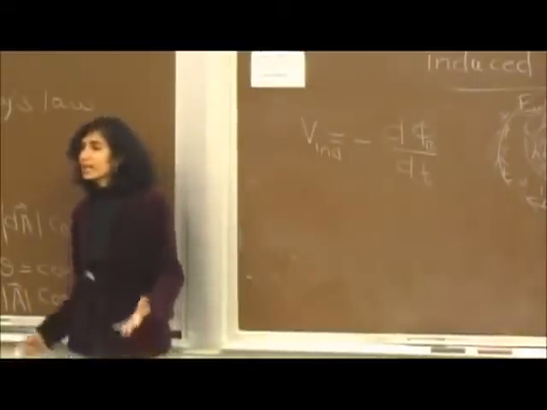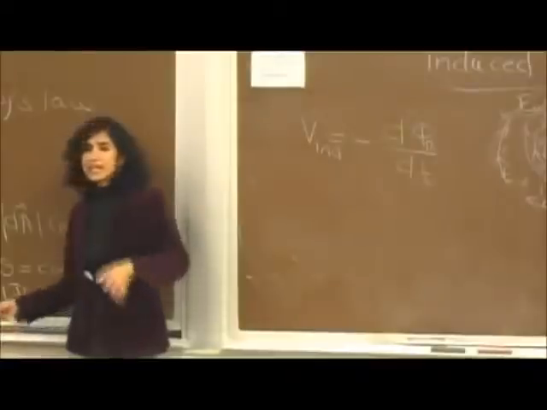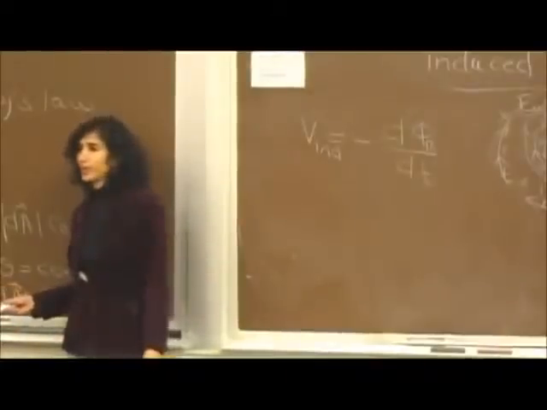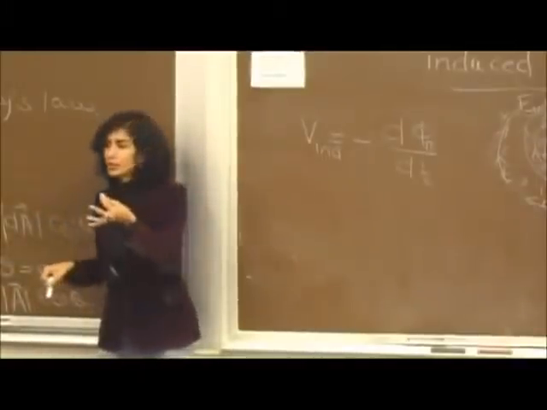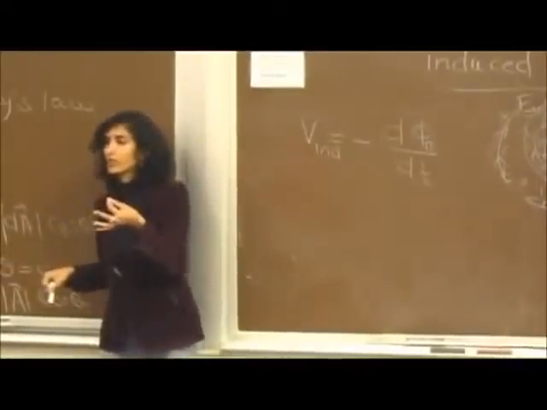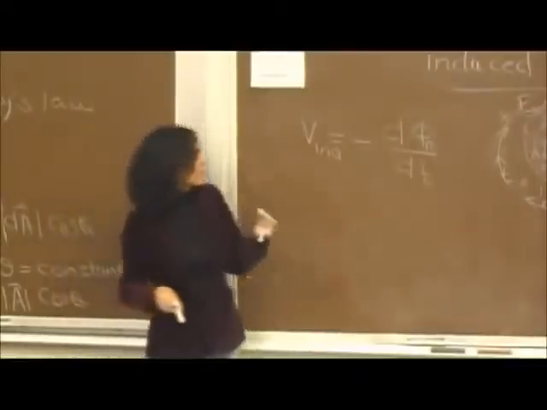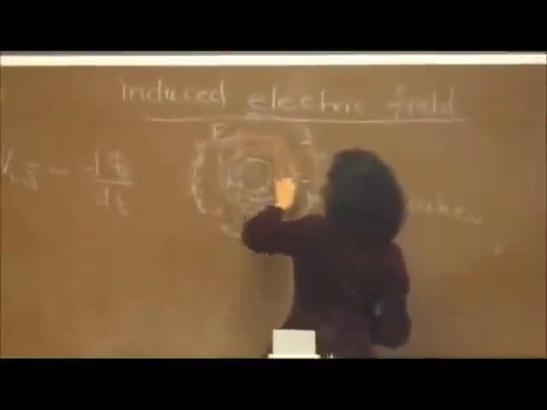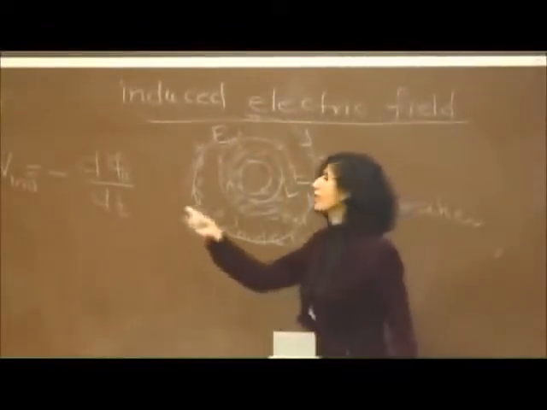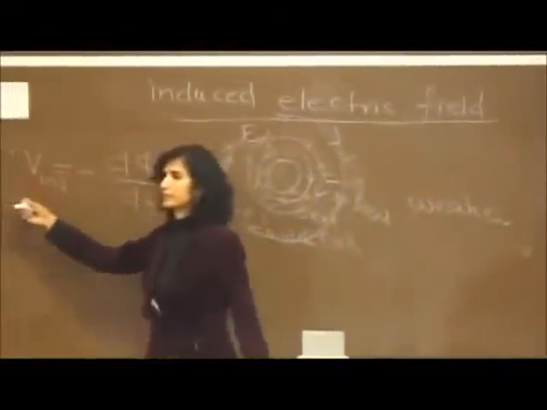Because the thing is, induced electric field will be there even if I don't have a coil. And the way to do it is, let's think about the work done. Suppose I did have some charged particle and that was moving around like this, how would I find the work done?